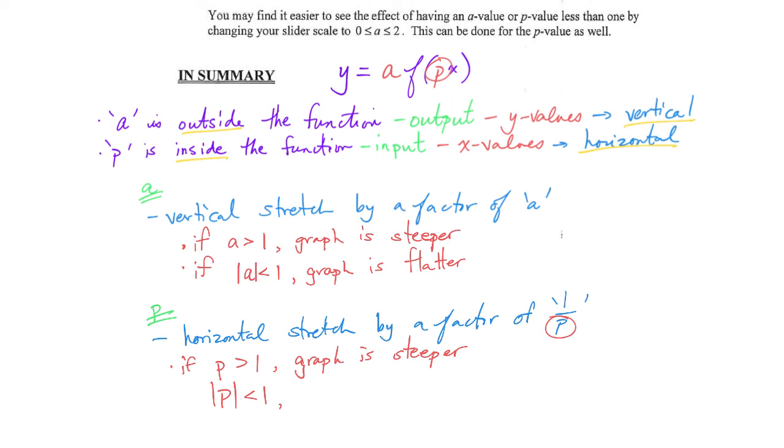That's because when your p-value was 1/4, then our factor becomes 1 over 1/4. That actually means it's stretched by a factor of 4. That means all my x's are 4 times what they used to be. We're pulling our graph out really wide. That makes our graph flatter.